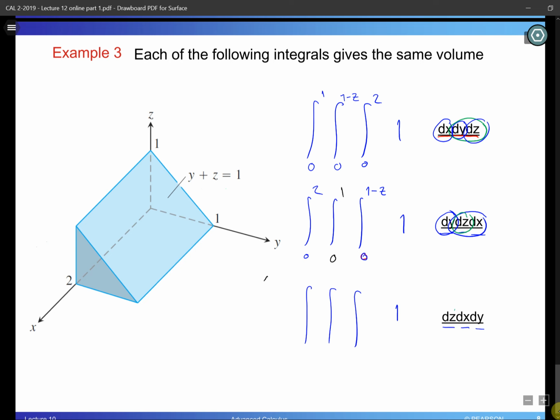Start with z. We are supposed to sweep z between two surfaces. Z goes in this direction vertically. So if you look at this object, you can see the surface at the top and at the bottom. At the bottom, you see this surface right here, and at the top, you see this surface right here.